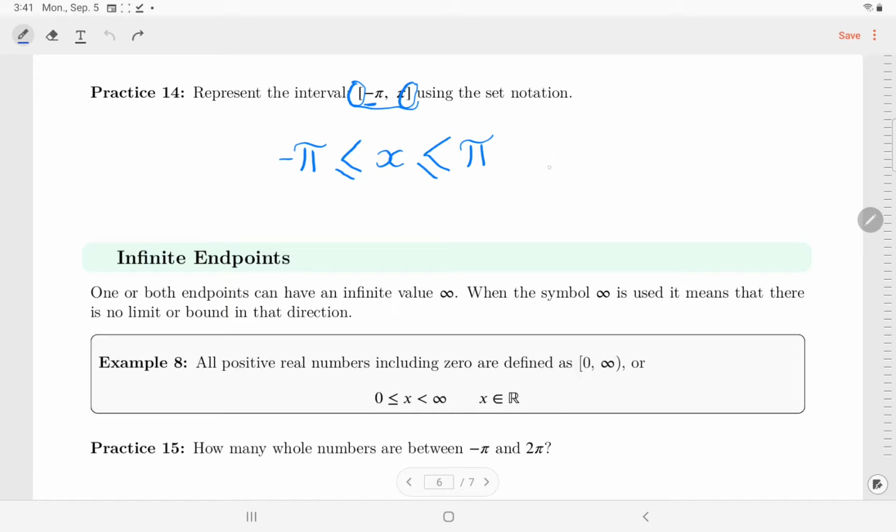We also need to state that x belongs to all the real numbers. In this case, both endpoints are included.